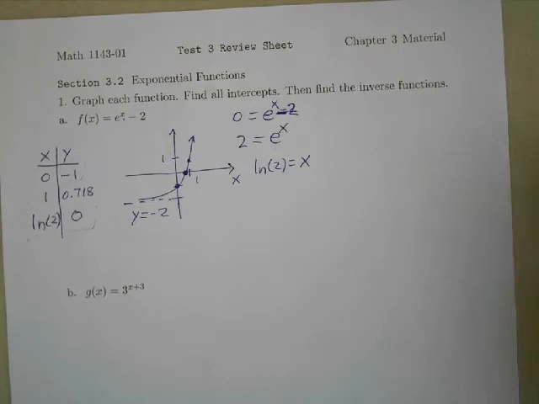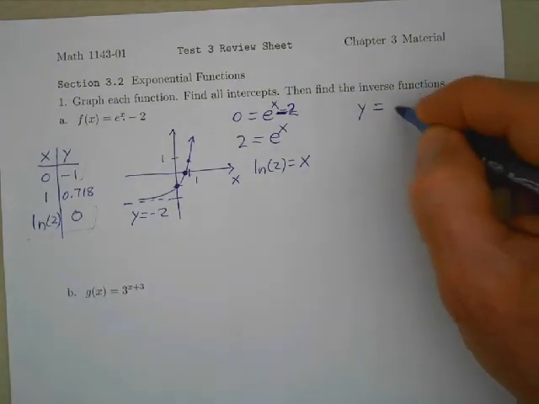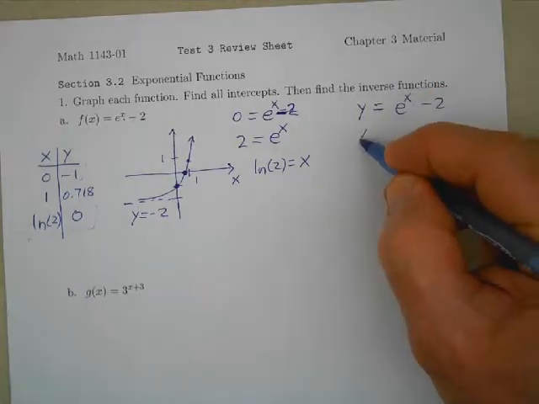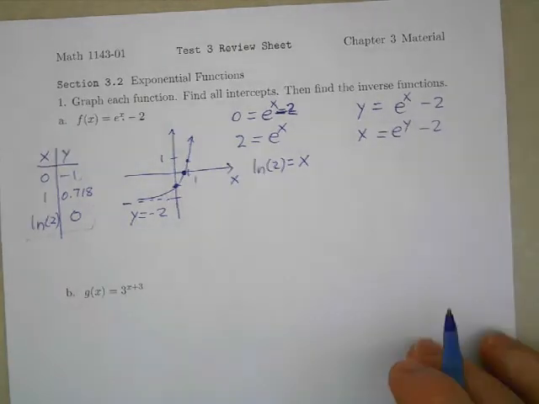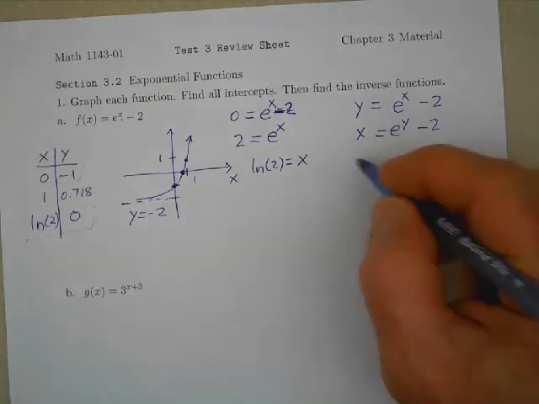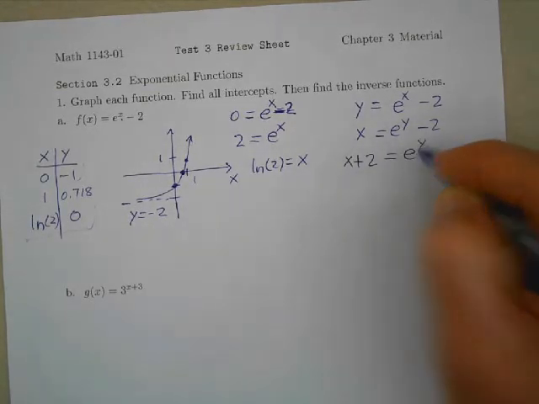To find the inverse, replace f of x with y, so we get y equals e to the x minus 2. Interchange x and y, so we get x equals e to the y minus 2. And then solve this equation for y. First, add 2 to both sides. That gives us x plus 2 equals e to the y.